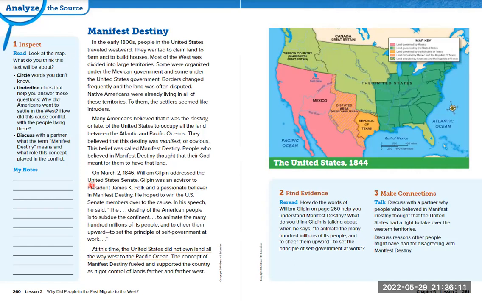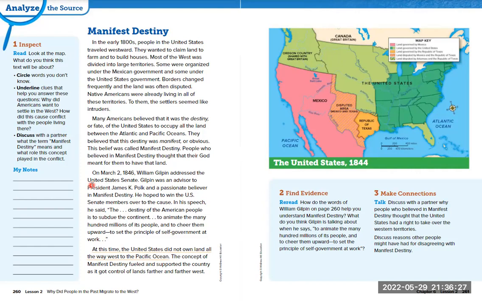So he's saying the destiny of the American people is to control the continent, to animate the many hundreds of millions of its people and to cheer them upward, to set the principle of self-government at work.